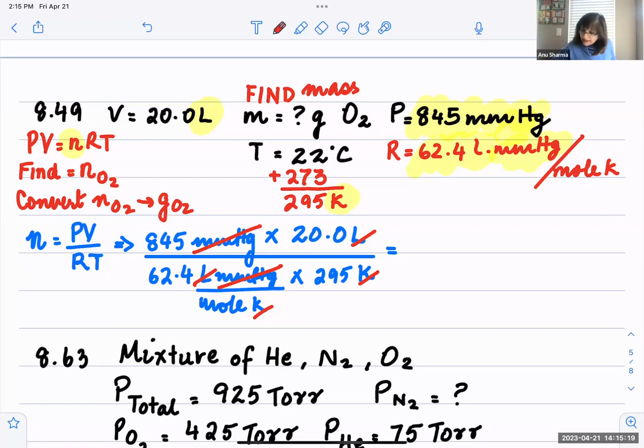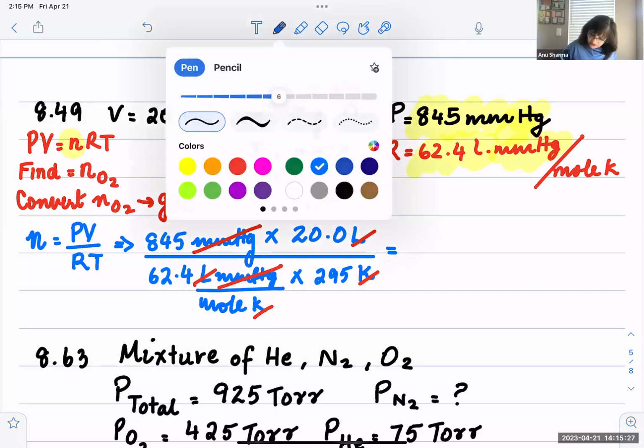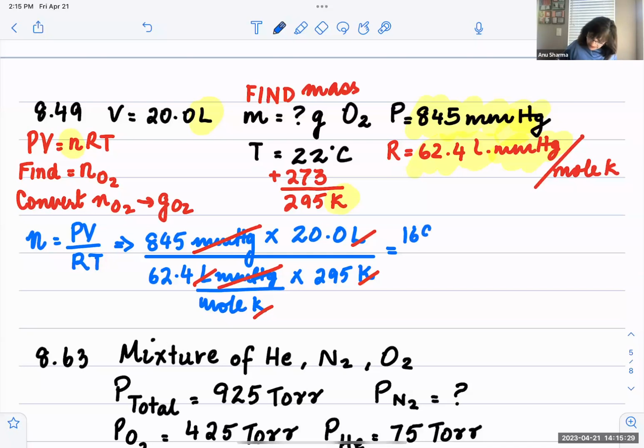So let's calculate that. 845 times 20 gives you 16,900. Divide that by 295 times 62.4, and that is 18,408.